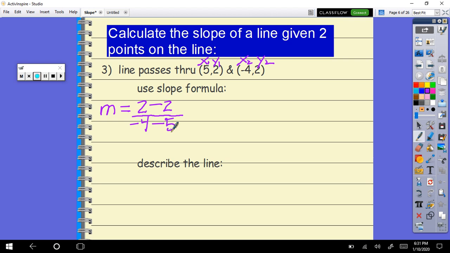Notice that this time I did not write the formula, but I said it. So I'm always going to think about the formula even if I don't write it out. Of course, 2 minus 2 on top is 0. Negative 4 minus 5 on bottom is negative 9. And if you punch 0 divided by negative 9 on your calculator, you're going to get 0. So do you remember that 0 slope goes with horizontal or flat lines?